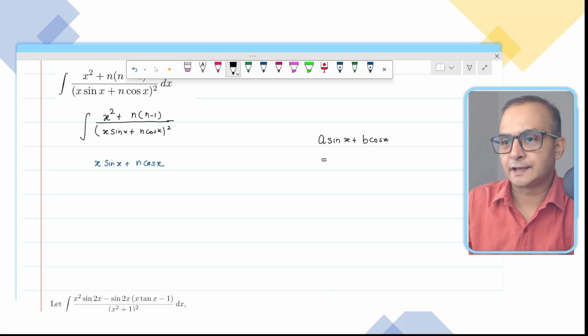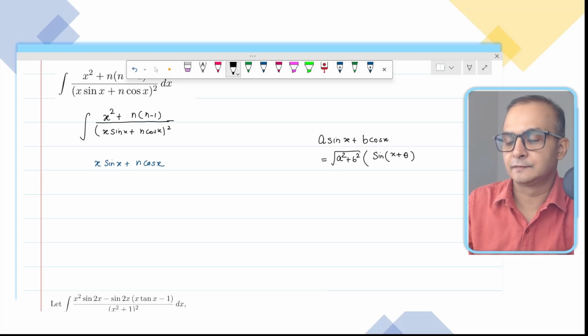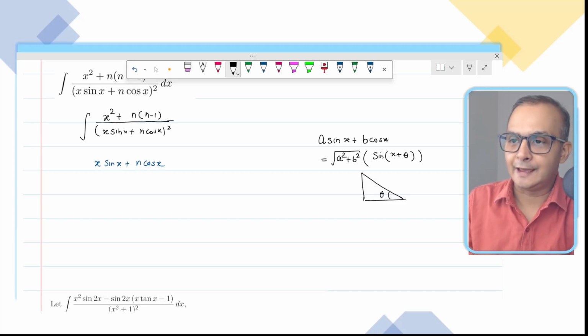And you know, this can be written as square root of a squared plus b squared, and this I can write as sine of x plus some angle, let's say theta, where I am calling a by square root of a squared plus b squared as cos theta.